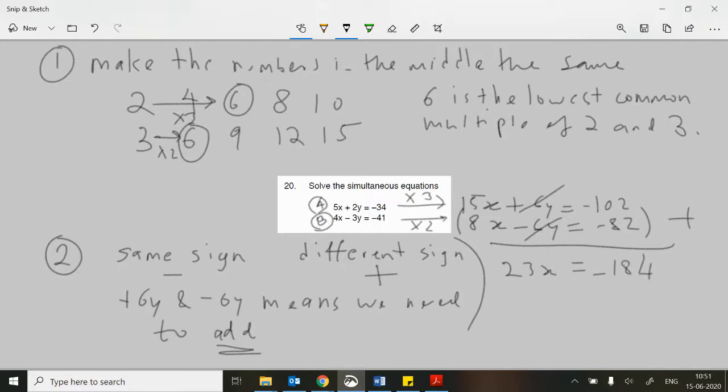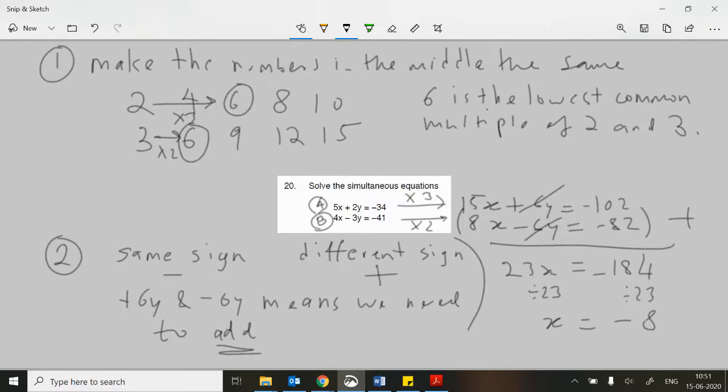Again, I'm hoping that's in the 23 times table. So yeah, if we divide by 23, we'll show all of our working out. This is obviously a hard one. This is question 20. But if we divide by 23, we get the answer of minus 8. Okay, so there's my first bit of working out.